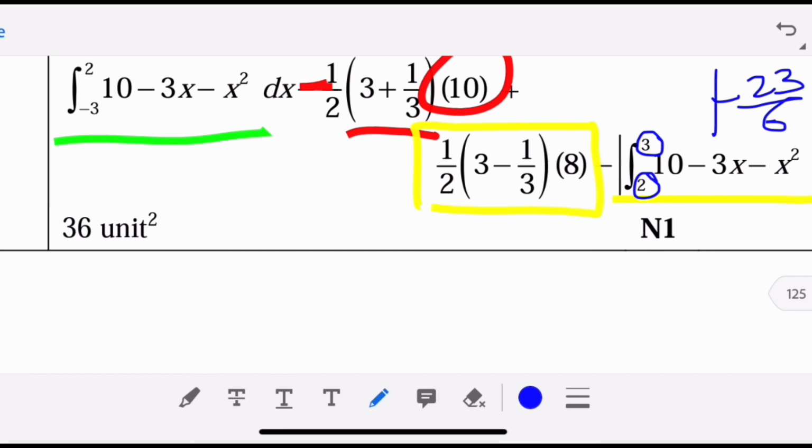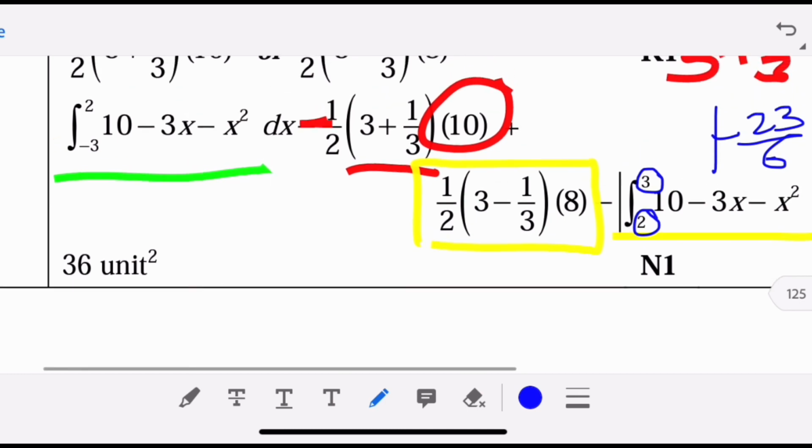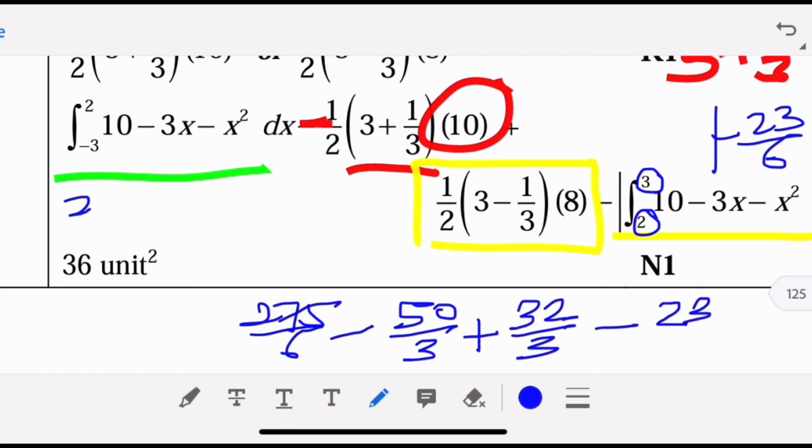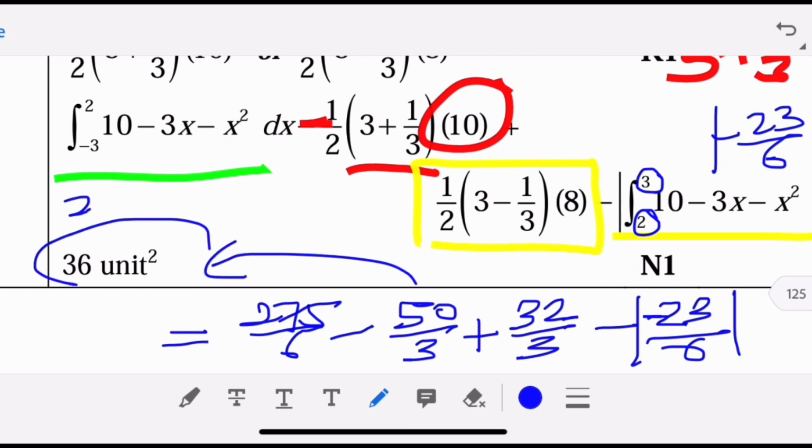So finally you will get the answer, which is actually 275/6 minus 50/3, and then you have to plus the triangle from just now, 32/3, minus the area under the curve, which is actually a modulus. There is a negative, but we make it positive. So the answer you get will be equivalent to 36 units square.